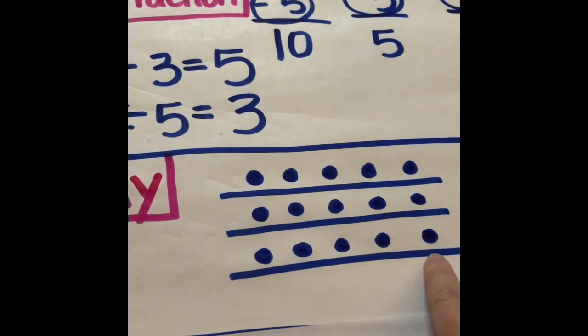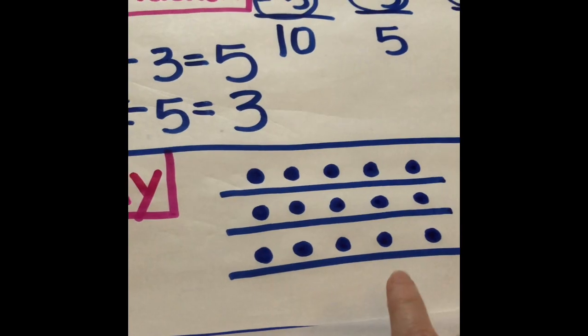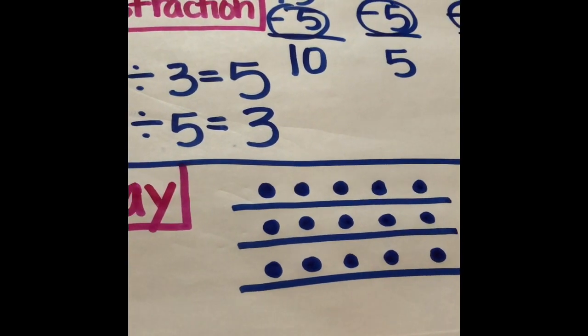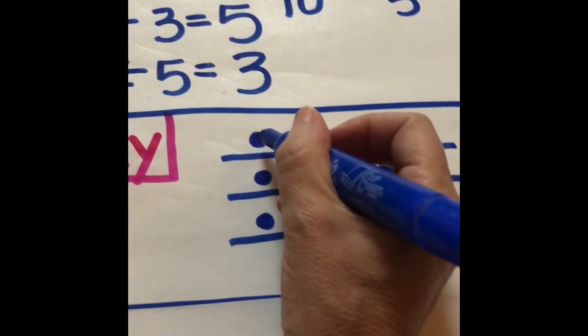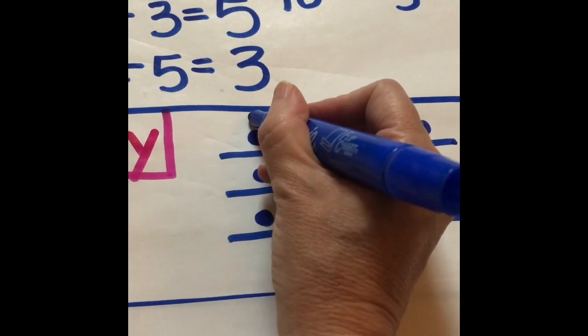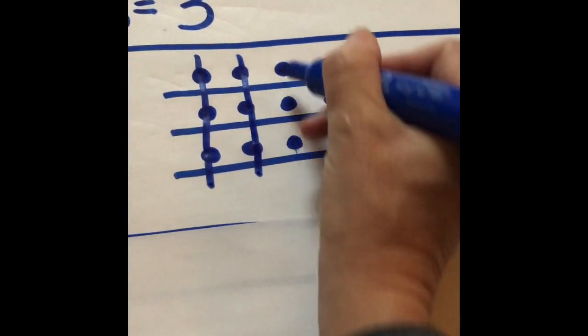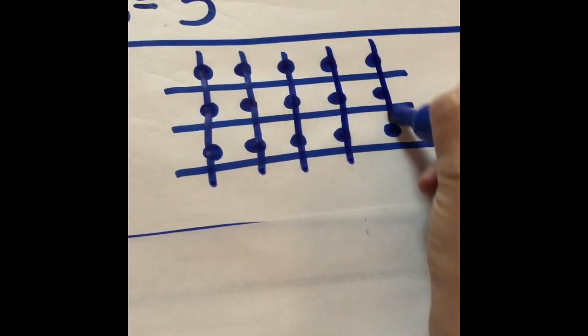Notice, boys and girls, that when I drew my circles, I tried to keep them nice and neat because the way I'm going to determine my answer, my quotient, is I'm then going to go ahead and draw those vertical lines through, and that's going to determine my answer. So I'm going to count my columns. 1, 2, 3, 4, 5.